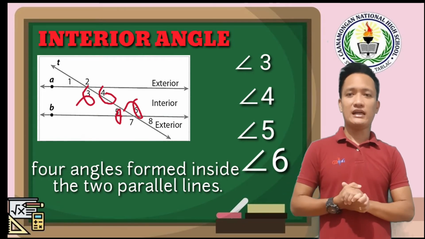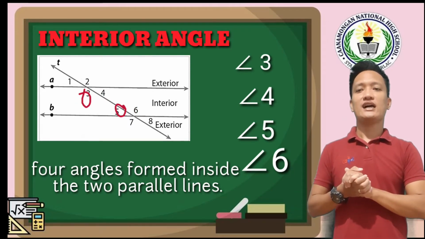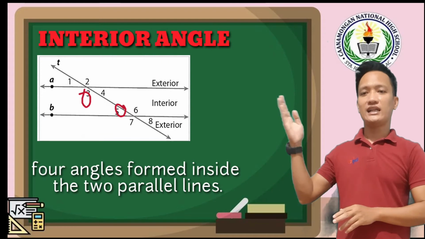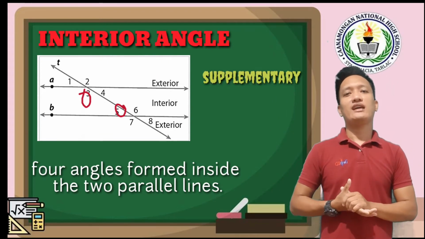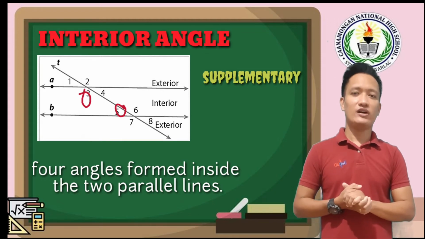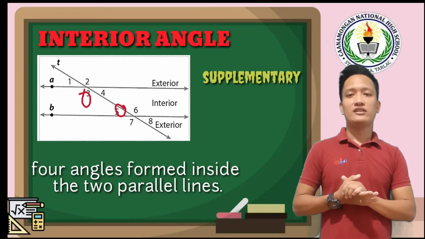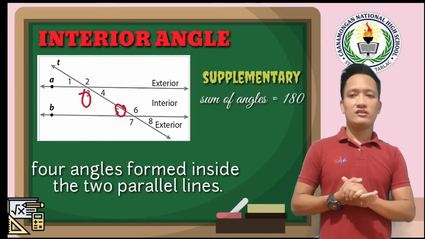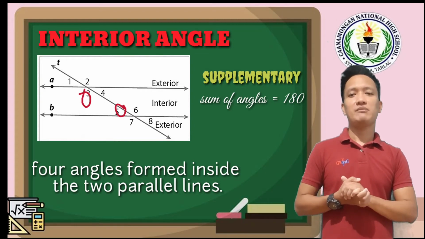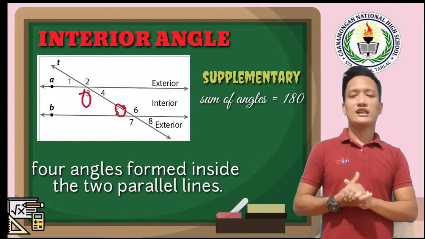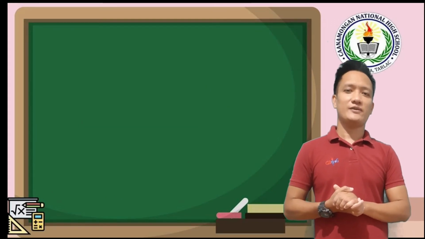So, dapat nating tandaan na kapag ang interior angle ay nasa same side, parehas sila ng side, they are supplementary. O, supplementary. Natatandaan nyo pa ba ano ang supplementary angles? So, when we say supplementary angles, the sum of their angles is equal to 180 degrees. So, tandaan natin, pag sinabing supplementary, equal siya sa 180 degrees. So, interior angles.